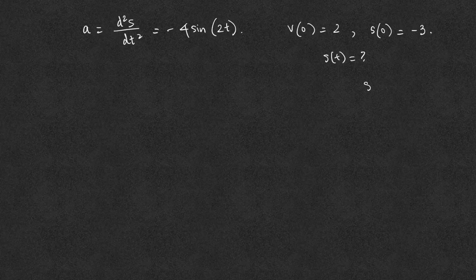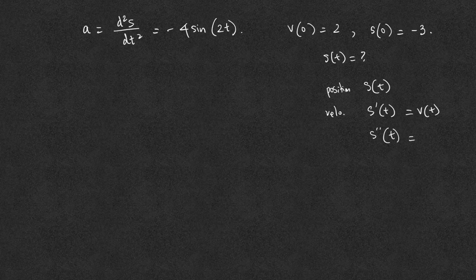Recall that starting with the position function, if we differentiate it to get s prime of t, then we end up with the velocity. And if we were to differentiate this again, the second derivative of s, which means the first derivative of v, we end up with the acceleration.